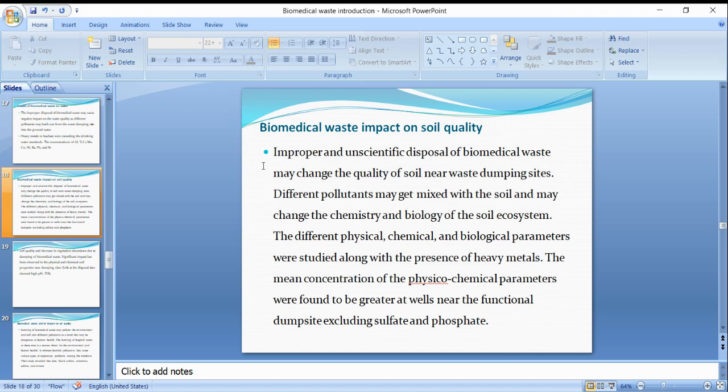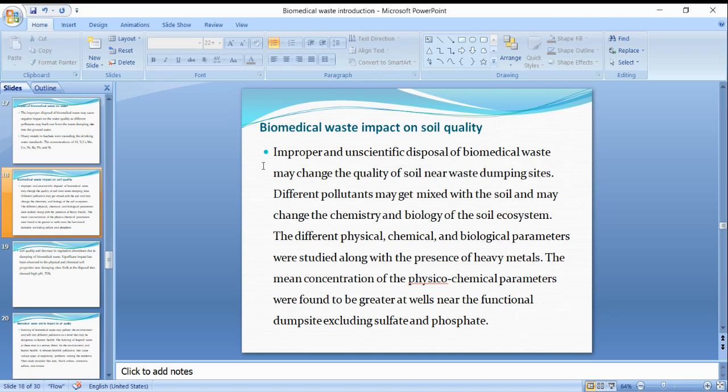We have seen before that some of the waste coming from research laboratories contains metals and chemicals, like iron and nickel. If these are present, they also spoil the soil characteristics.